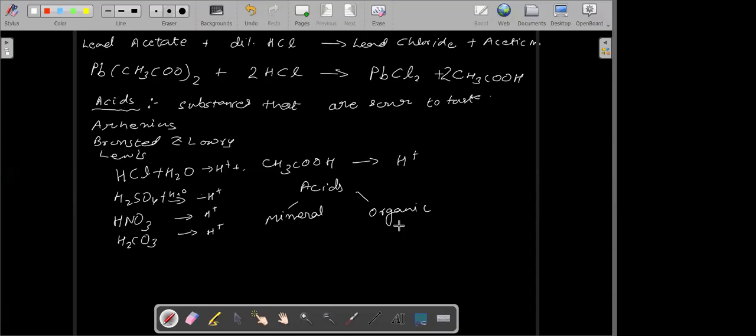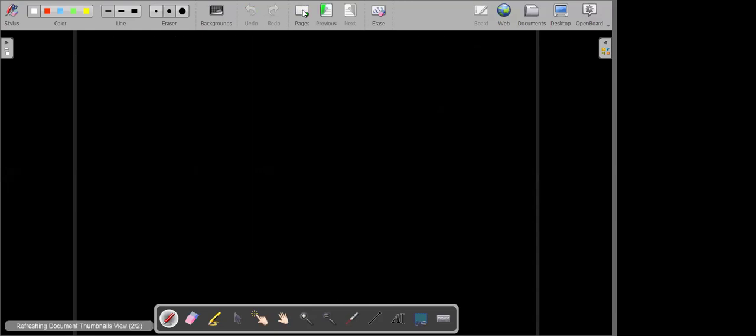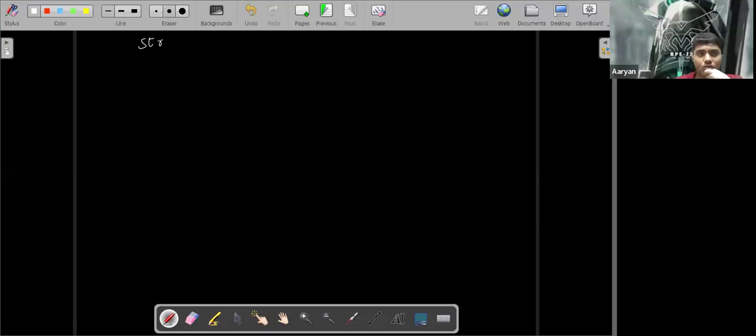Now we have two other concepts, strong acids and weak acids. So what are strong acids and what are weak acids? Sir, strong acids are completely ionized in aqueous solution. They give out H plus ions completely.